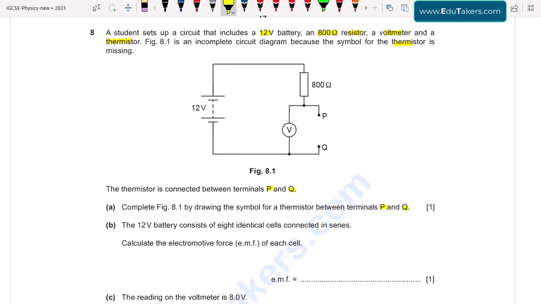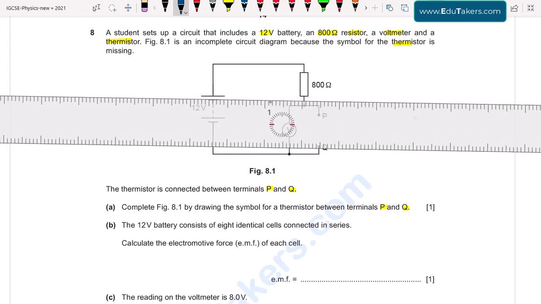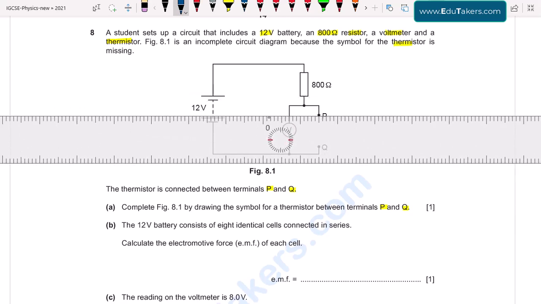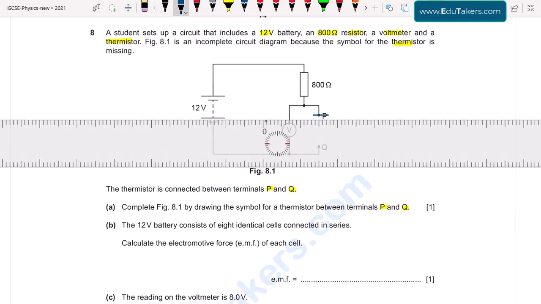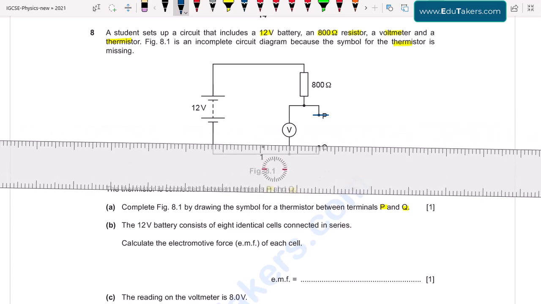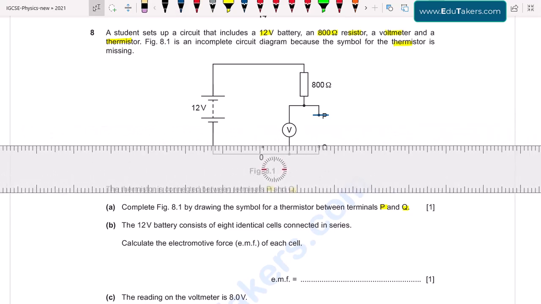Here we have to complete the circuit by drawing the symbol of thermistor. So first of all, the symbol of thermistor is same like that of resistor. So I draw it here. And now I have to join both of these.